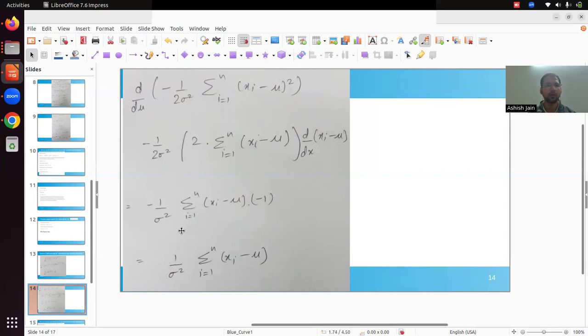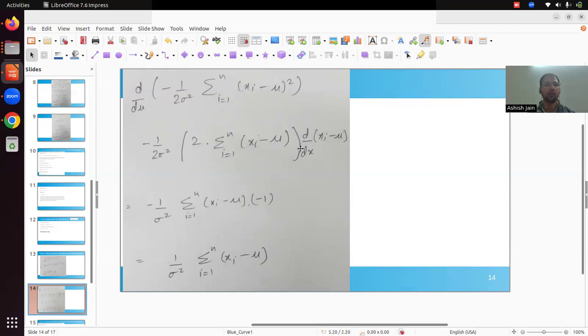Then on rearranging the terms a little bit, we arrive at this. Basically this is a summation, and the derivative of a summation is the summation of derivatives of all the individual terms. So wherever there is a power, that power will come down, one will be left, and we simply get the summation of xi minus mu.